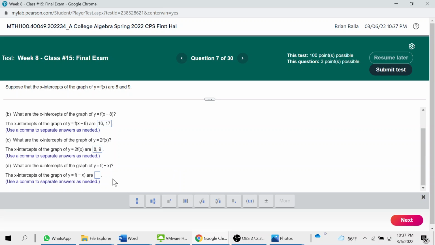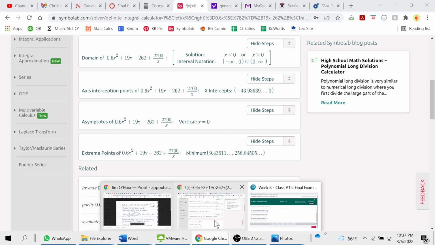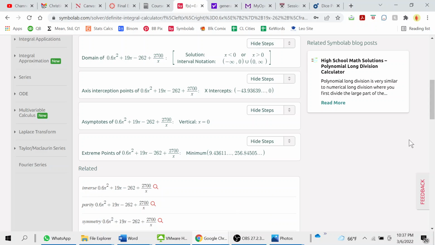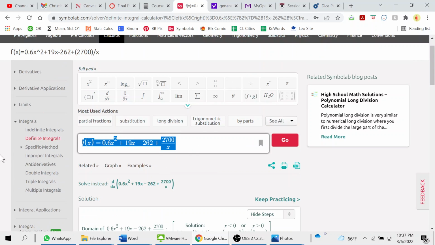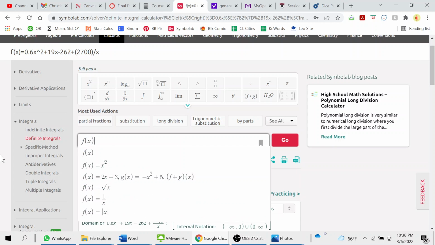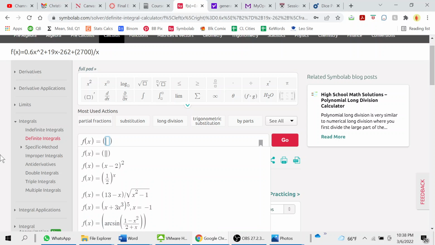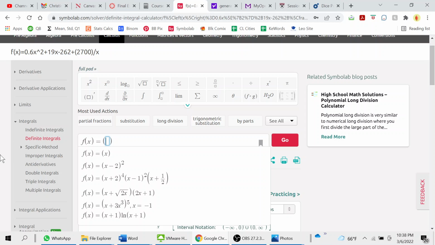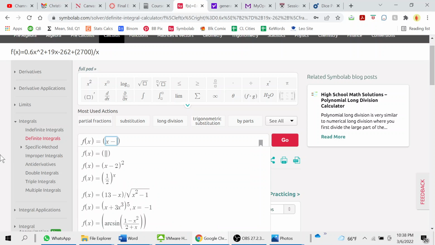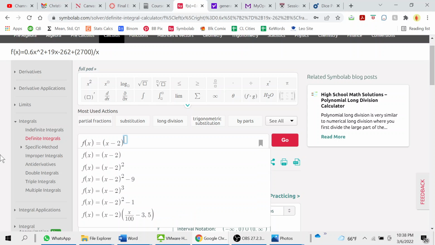The x-intercept of the graph for f of negative x. Let me do a little testing. F of negative x. Okay, let's try something. x minus 2 squared.